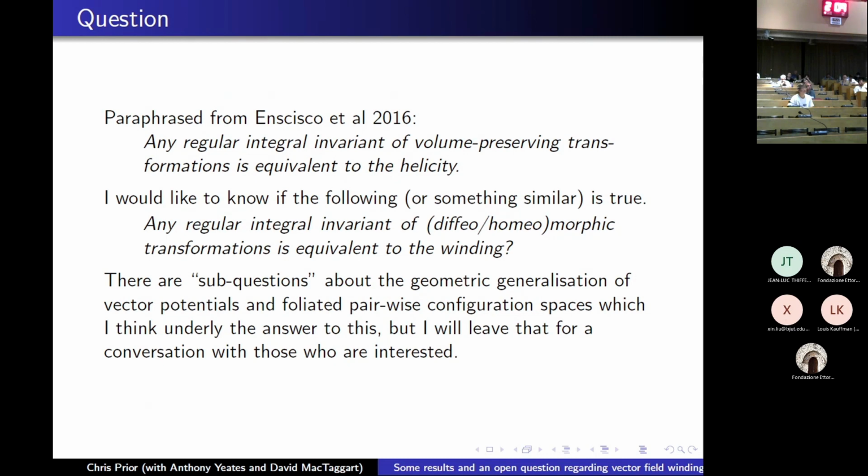Now, I'd like to propose or challenge you to say, I think any regular invariant of a diffeomorphism, homeomorphism, that includes compressive transformations where you're crushing the shape of the domain, you're twisting it, you're distorting it, whatever, is equivalent to the winding.